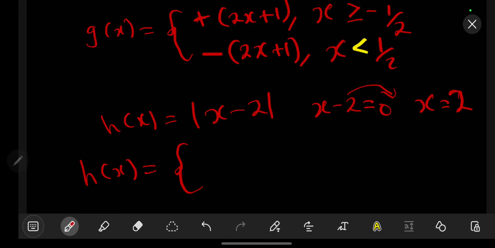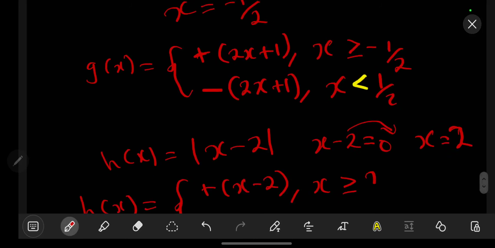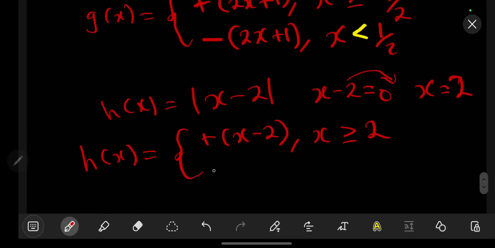This gives us a value equivalent to positive x minus 2, for which x should be greater than or equal to 2. When you take the negative, we are going to have negative of x minus 2, for which x should be less than 2. So these are our piecewise functions which we have redefined.